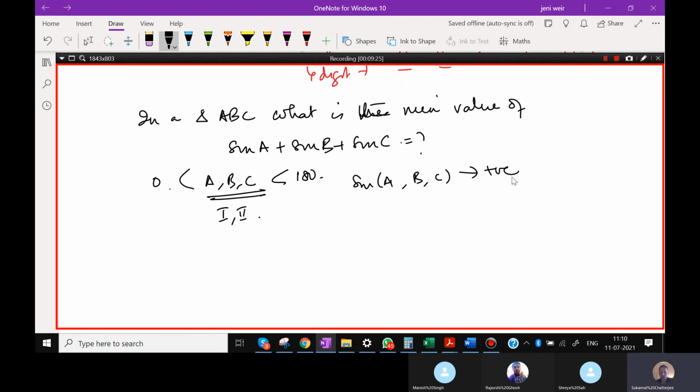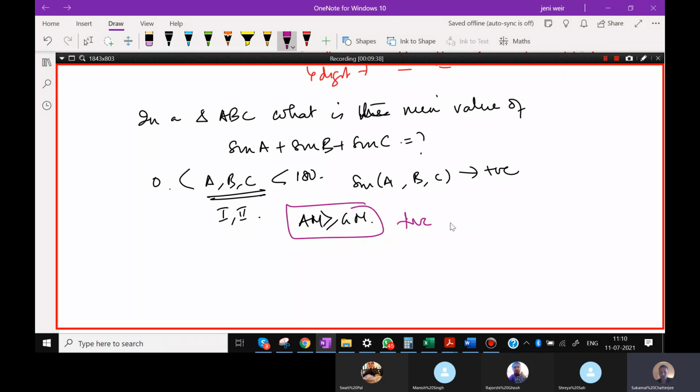So since sine is positive, we can apply the arithmetic mean greater than or equal to geometric mean principle. This is important. You can only apply this for positive real numbers, right? So in this case, I can apply this concept.